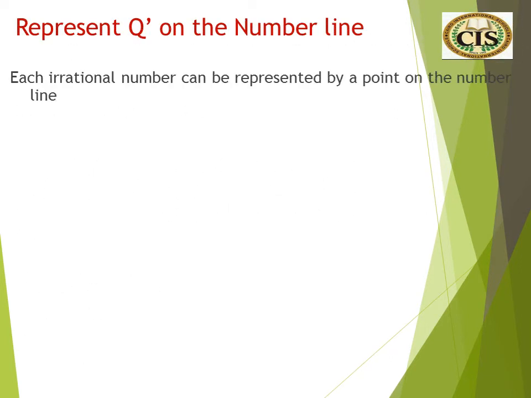If we want to represent root 7, in the right angled triangle the side is root 7, the other side is (7 minus 1) over 2, and the hypotenuse is (7 plus 1) over 2.